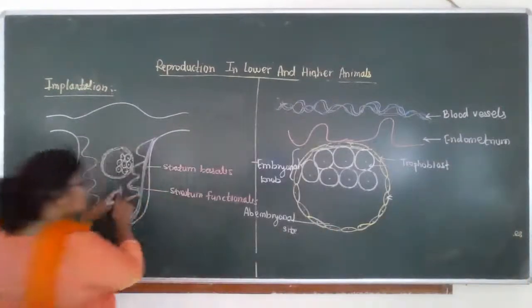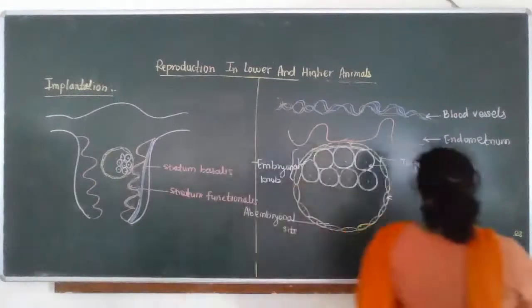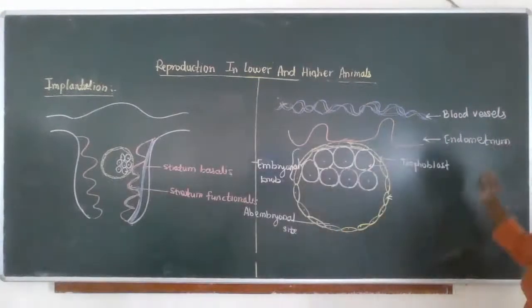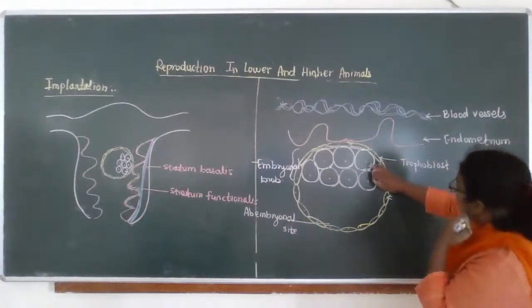Okay, I'm showing this scenario inside the uterus. So what happens? This is the trophoblast. These trophoblast cells get converted into two types.